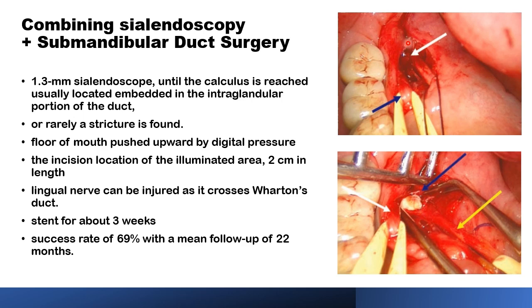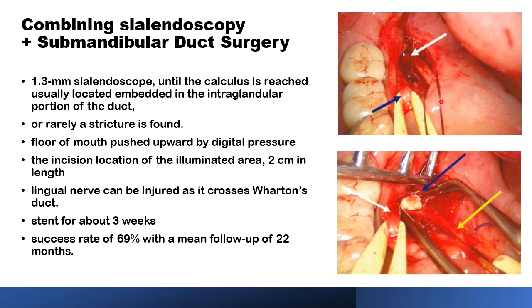The duct incision procedure, when the obstruction can be identified by sialendoscopy in the submucosal part of the duct prior to the papilla, will be approached perorally.